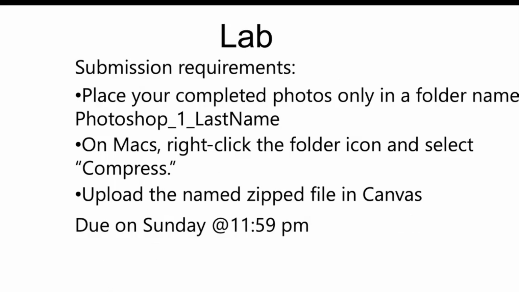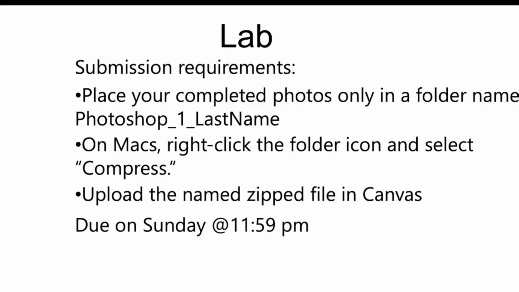For the submission requirements, what I want you to do is to have a folder named Photoshop 1 and your last name, and then put your completed photos into that folder. If you're using a Mac and you have right click activated, or if you don't have right click activated, you'll need to use the control key, I believe.